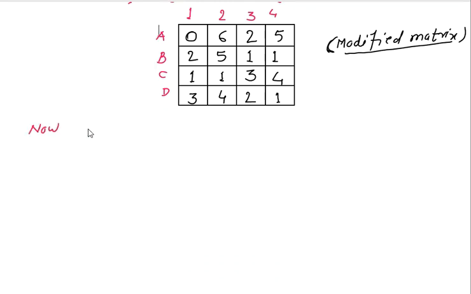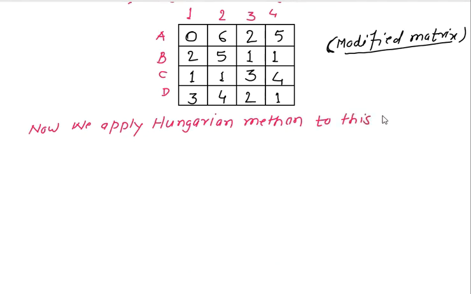Now we apply the Hungarian method on this revised matrix. So what is step 1? Subtract the smallest element of each row from all the entries in that row.